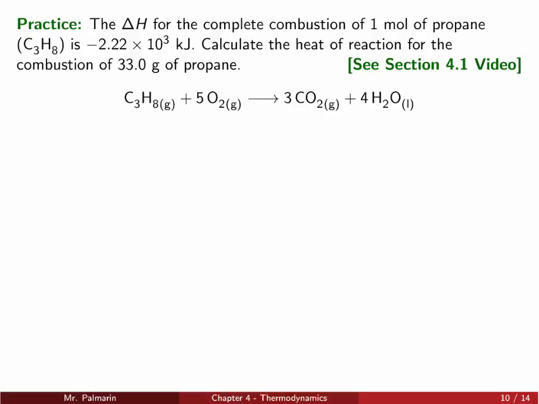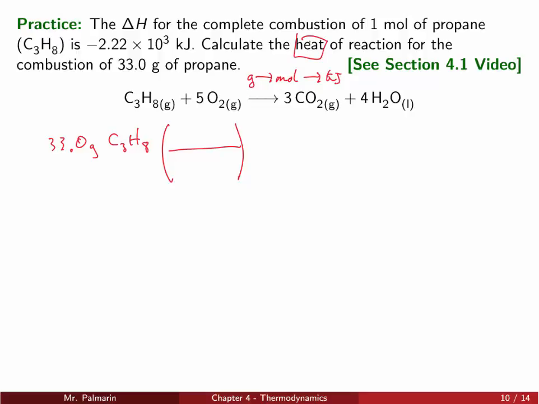Calculate the heat of reaction for the combustion of 33.0 grams of propane. Okay, so like before, you're going to start with grams of propane, C3H8. Now you're going to move, so by the way, the goal is grams to mole to kilojoules. Okay? It's asking for heat.